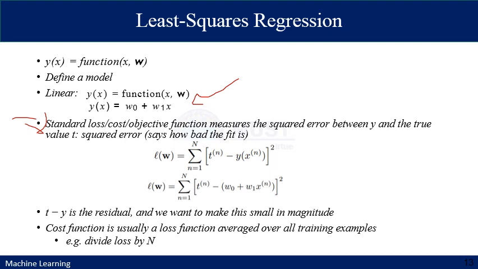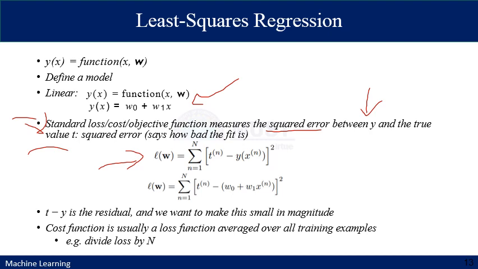For example, we define a simple loss function that measures the squared error between the predicted value and the true value t. Squared error says how bad the fit is. So a loss is defined as the formula provided here.